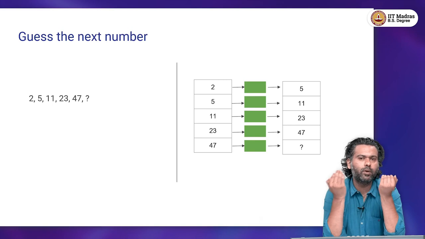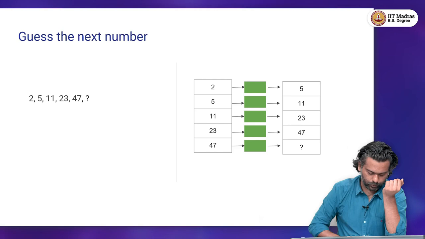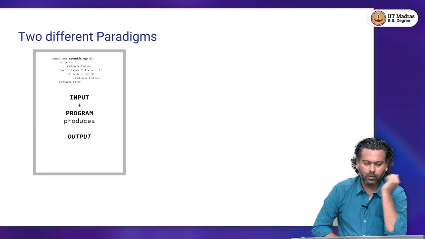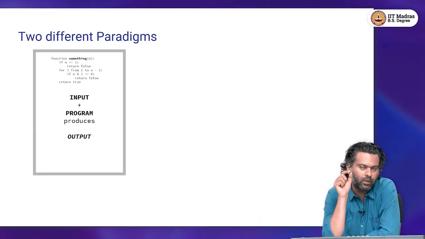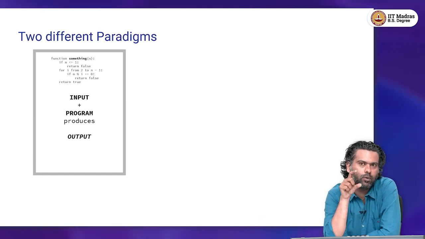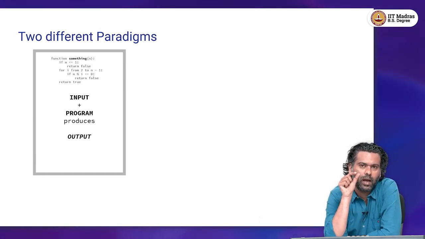There is a very important difference between these two ways of looking at things. Just to clarify, there are two different paradigms. In the first paradigm, I gave you a program and an input, and the input plus program produces an output.